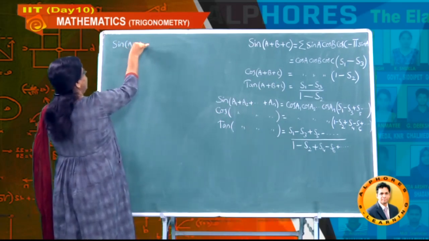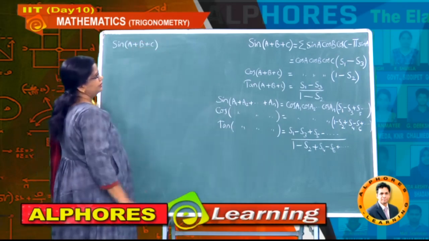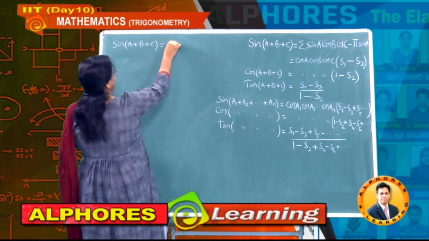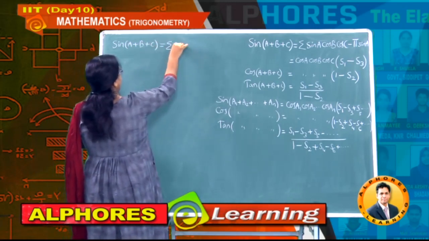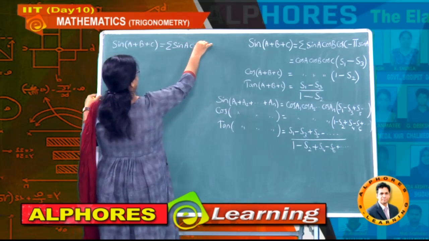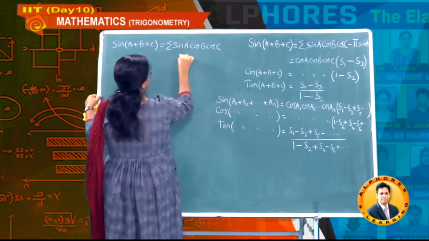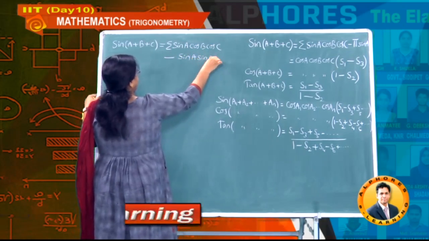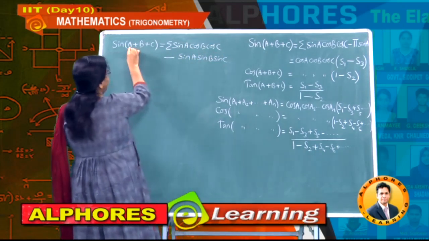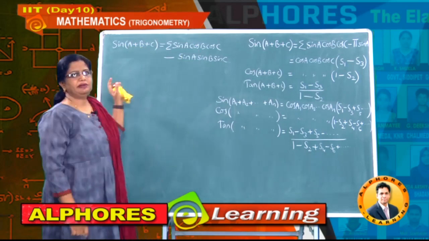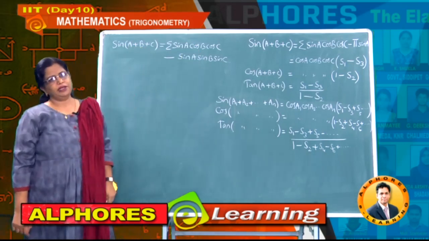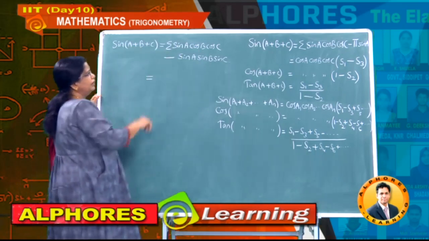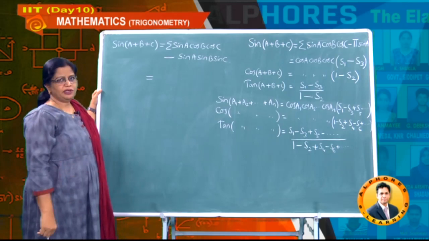It is equal to sigma sin a cos b cos c minus sin a sin b sin c. This is the value we have simplified yesterday by taking a plus b as one angle and c as the other angle. And now from the entire value I am taking cos a cos b cos c common.